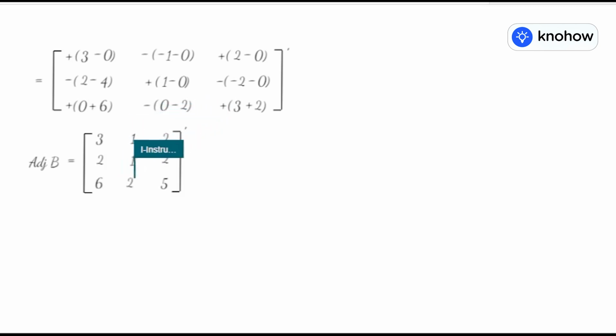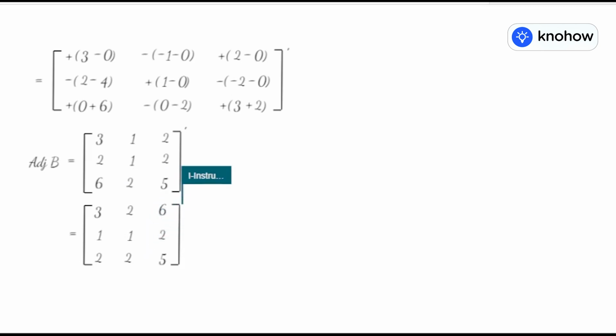Take the transpose of it: the elements of the first row, that is 3, 1, 2, you write in the first column, the elements of the second row, 2, 1, 2, you write in the second column, and the elements of the third row, 6, 2, 5, you write in the third column. So now the value of adjoint B is 3, 2, 6, 1, 1, 2 and 2, 2, 5. So we have got adjoint B also.